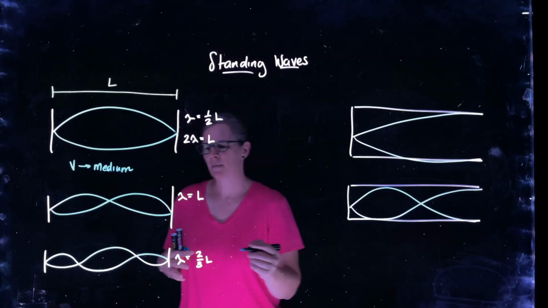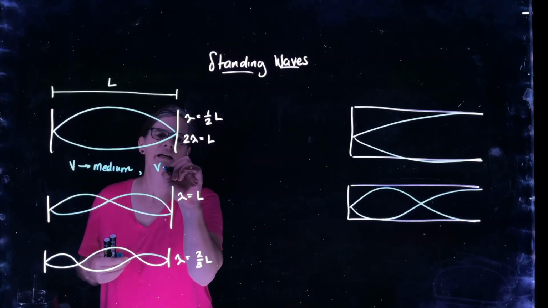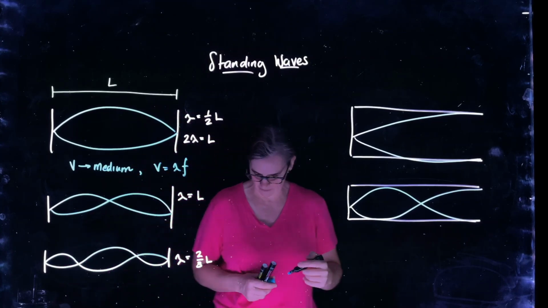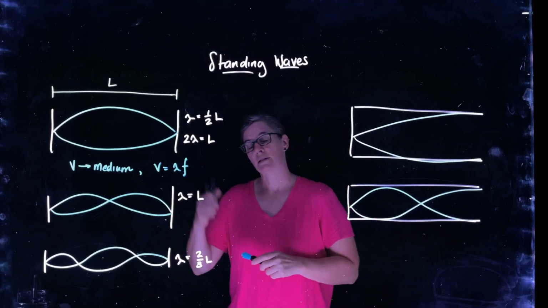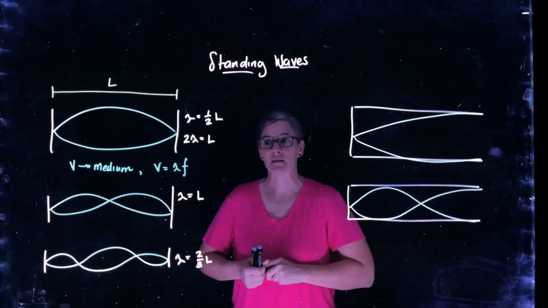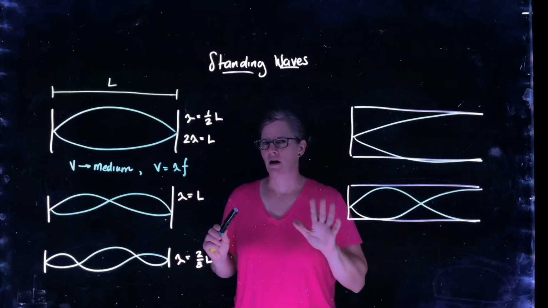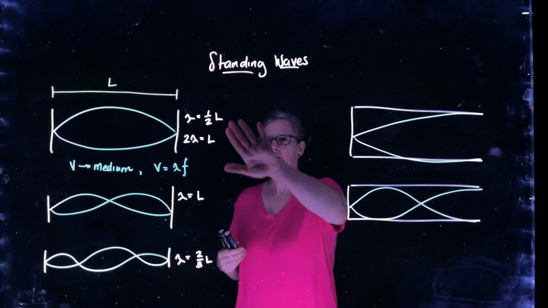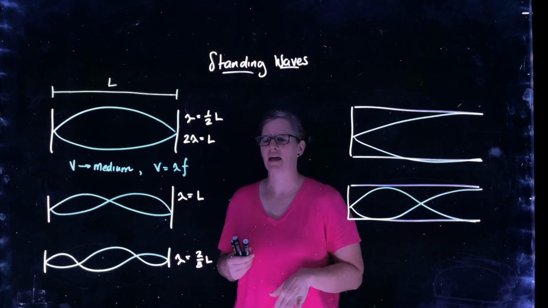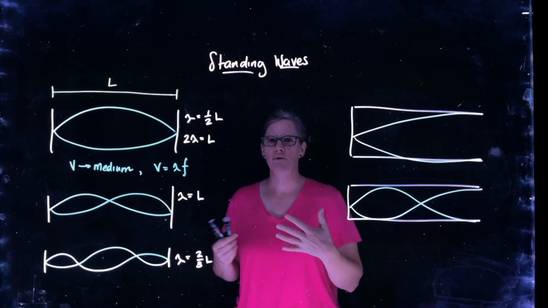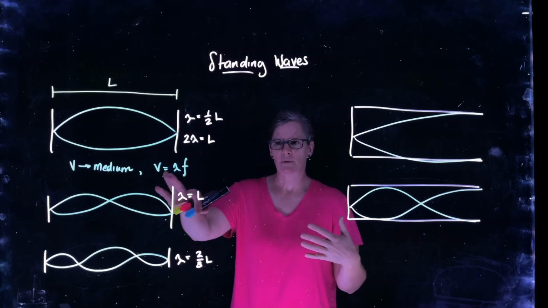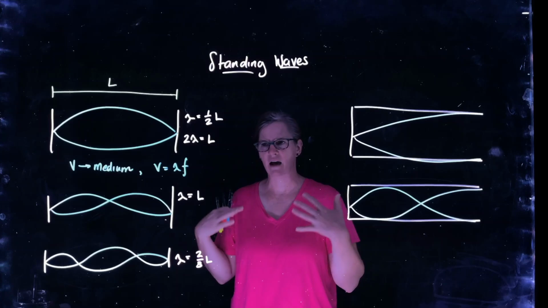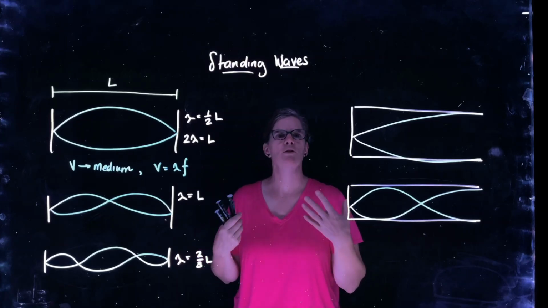We also want to keep in mind that wave speed is equal to the frequency times the wavelength. Remember, that's how we looked at it back when we introduced the idea of wave speed. So go ahead and check out that video if you are unfamiliar or have forgotten how that's all related. If we use that information and look at the wavelengths, I can now start to use this relationship to get an appreciation for how the frequency of the object is related to the length.